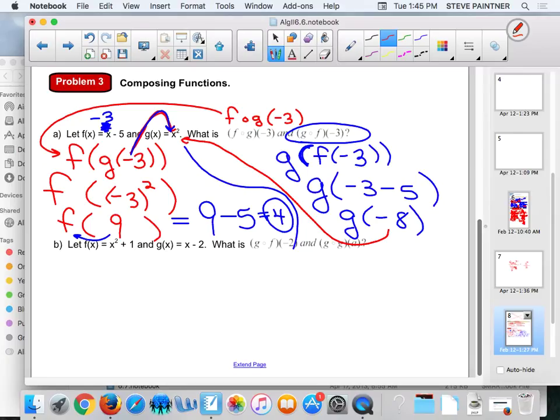So take x, negative 8, and square it. 64. What equals 64? g of f of negative 3. When I started this problem, I said, what if x is negative 3? If I put it in f, I get negative 8. If I put negative 8 into g, I get 64.